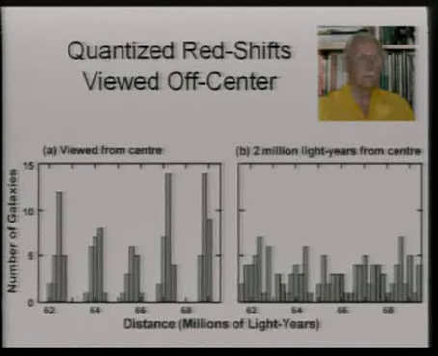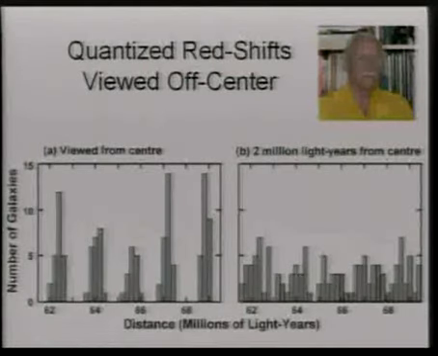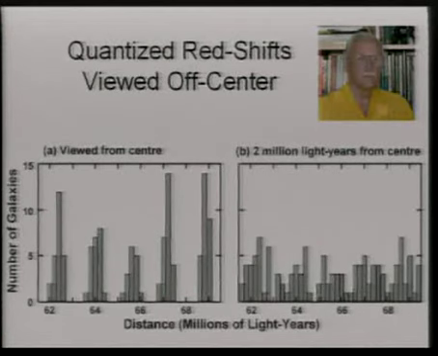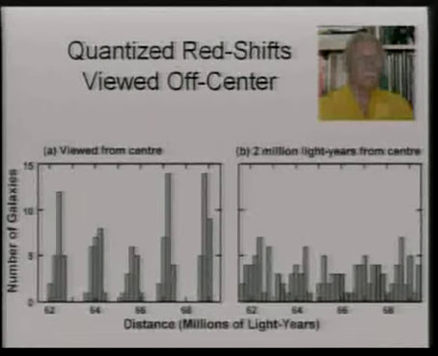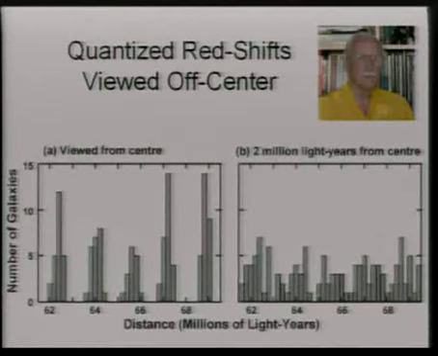And then people found that the periodicity could be improved. If you're 2 million light years from the center of the universe, which is where we believe we are from the cosmic background radiation, we have a way of determining the center of the universe from the cosmic background radiation, then we could correct the raw data and calculate it as if it had been observed from the center of the universe.